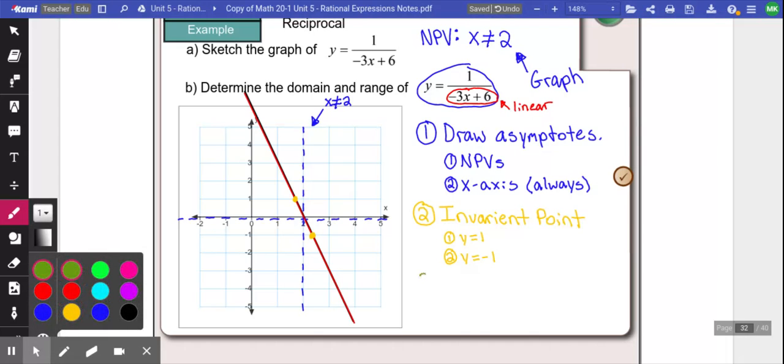Awesome. Third step to finding the graph of this overall function is now to start reciprocating the original function, or the linear function in this case.